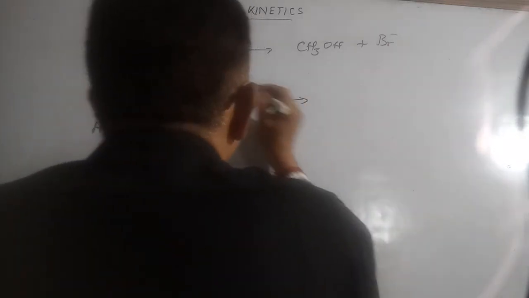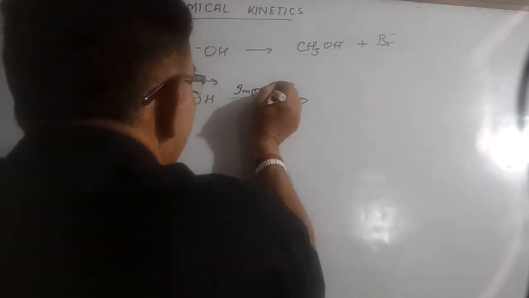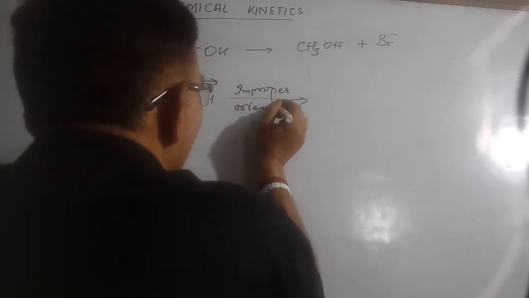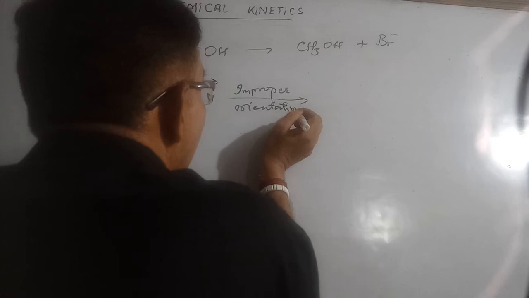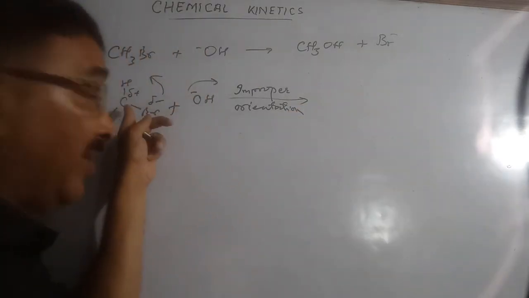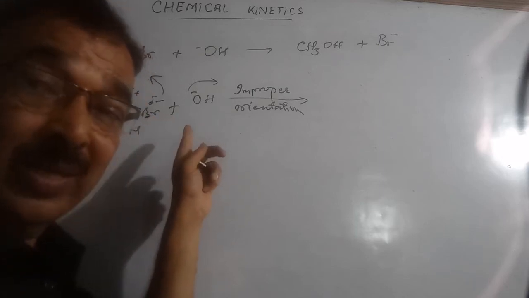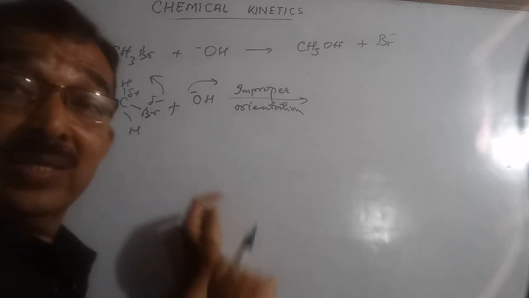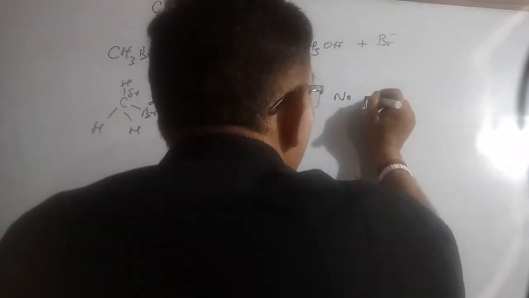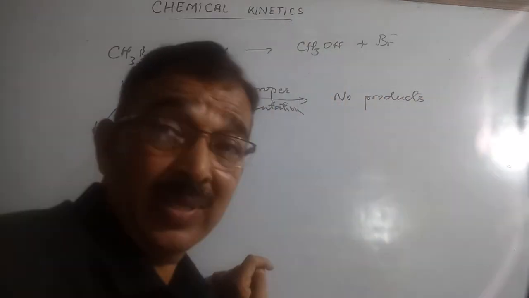So this is called improper orientation. Since OH minus will not attack the carbon of methyl bromide when this is the improper orientation, no products will be formed.